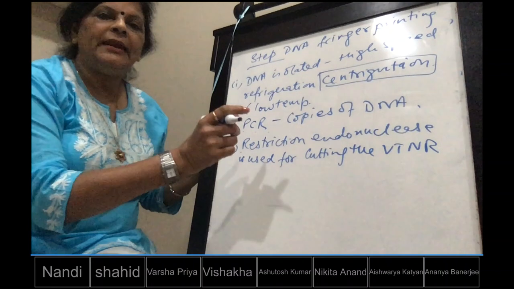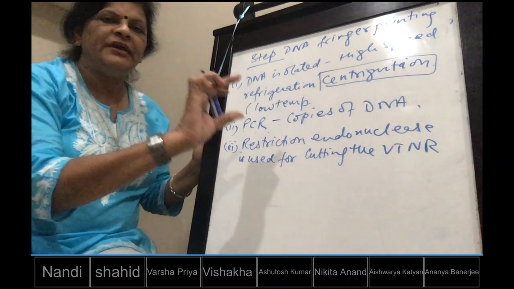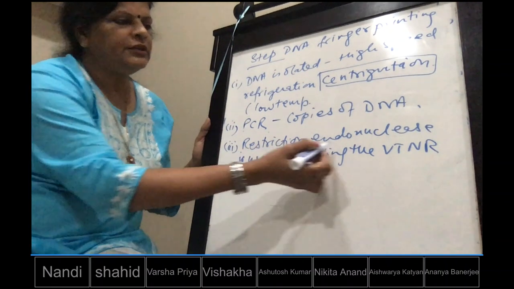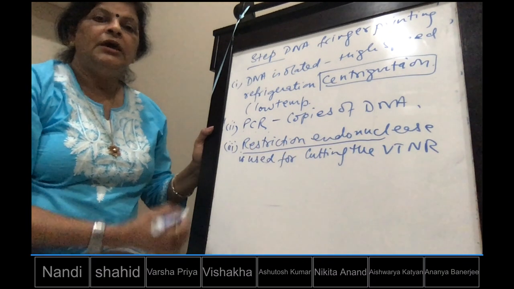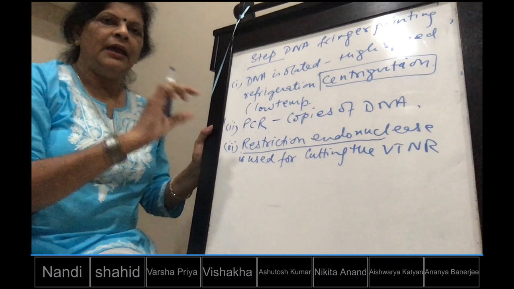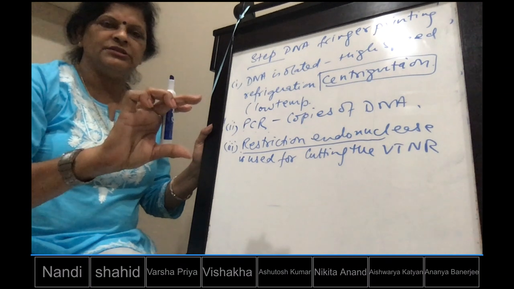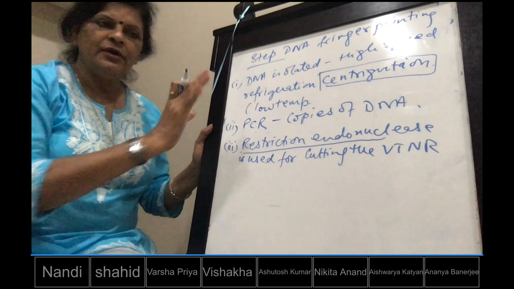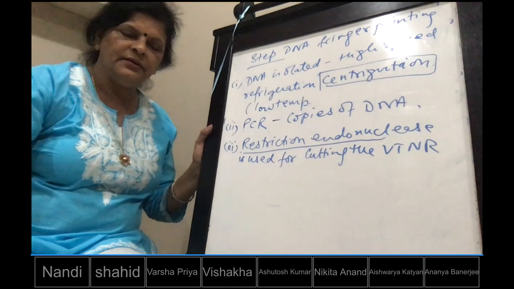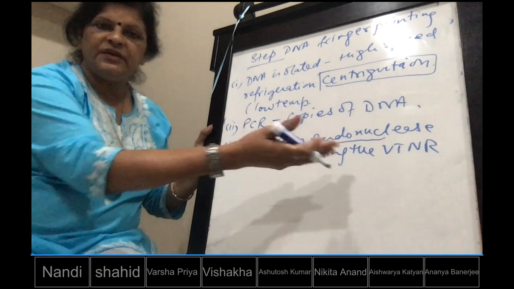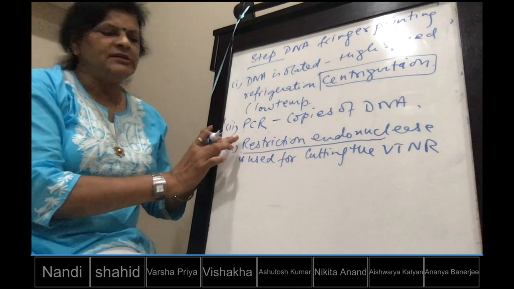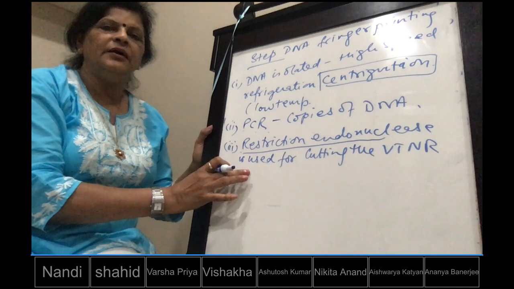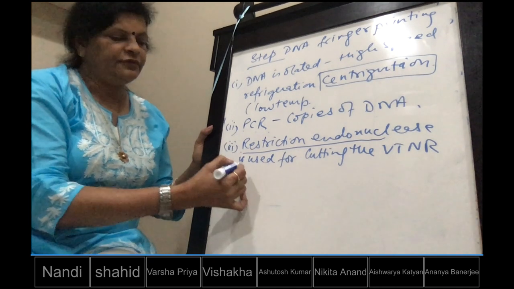So cutting the DNA into VNTR fragments. For this, the enzyme uses restriction endonuclease. It will cut the DNA at specific locations. जहां जहां VNTR है उसको remove करेगा, हटा देगा. It will separate the VNTR because we require the VNTRs only. So restriction endonuclease is used for cutting the VNTR of DNA.